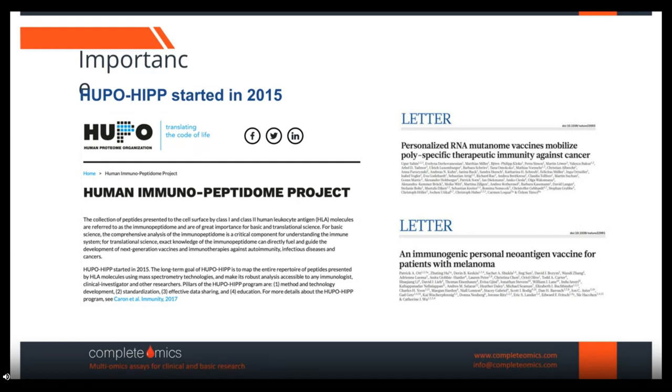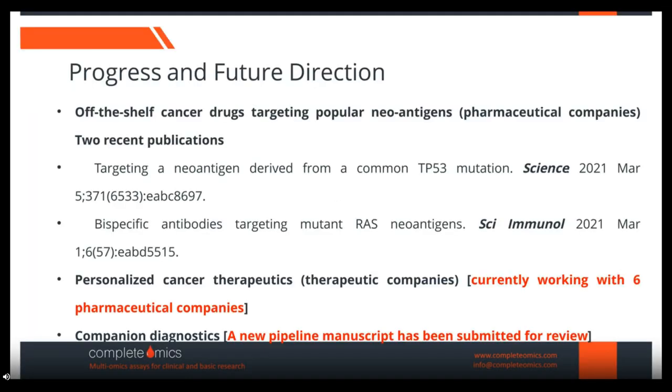So we are trying to contribute to this entire campaign by coming up with this MANA-SRM method, which allowed us to contribute to two recent publications in March. One is in Science, and the other one is in Science Immunology.